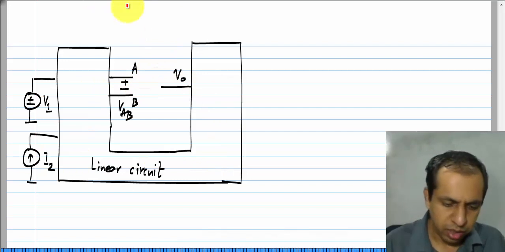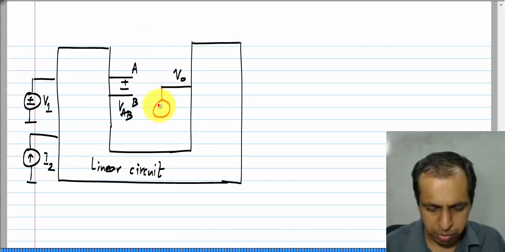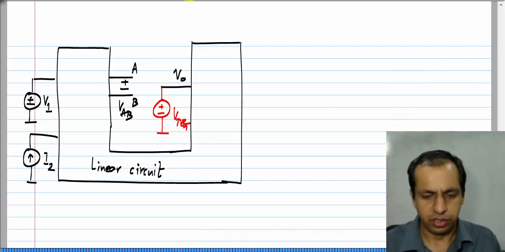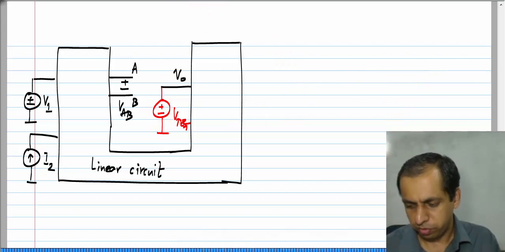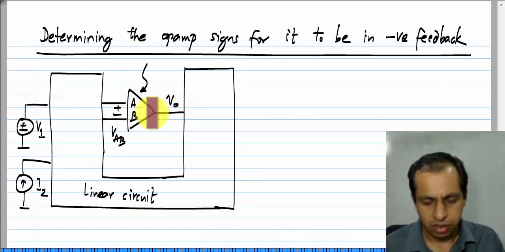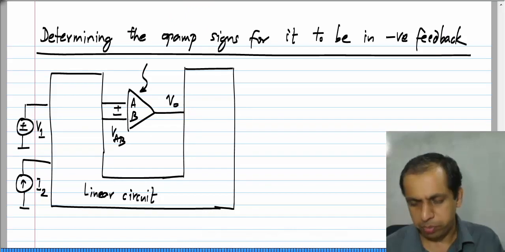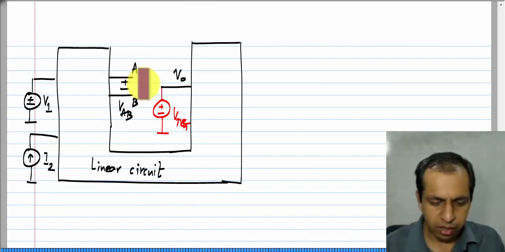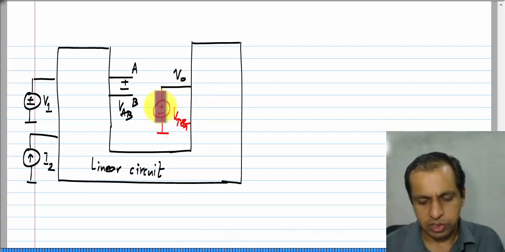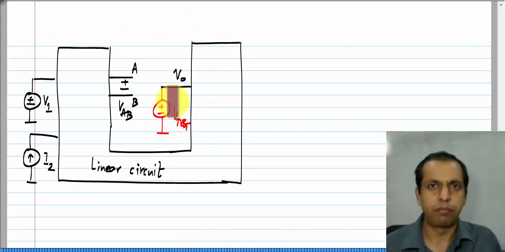And let me apply some V test where the op amp's output was. So, this is the first step. If you look at the original circuit, the op amp's output is here. What I did was I removed the op amp and wherever the op amp's output was, I now drive it with some test voltage V test.